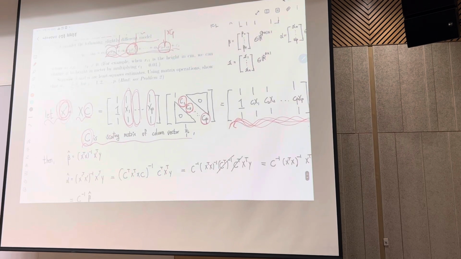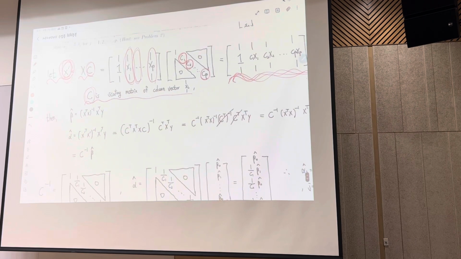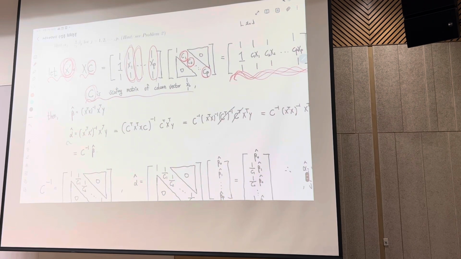So we can calculate beta hat is equal to x transpose x inverse x transpose y, and alpha hat is equal to x prime transpose x prime inverse x prime transpose y. So alpha hat can be calculated like this. So x prime is equal to xC. Then just plug it here.